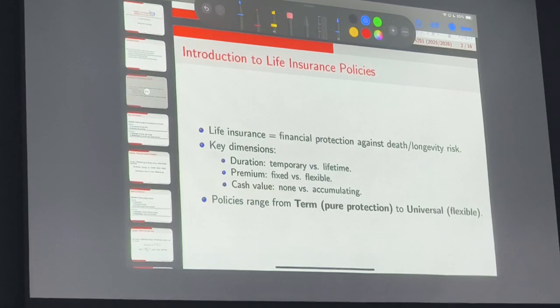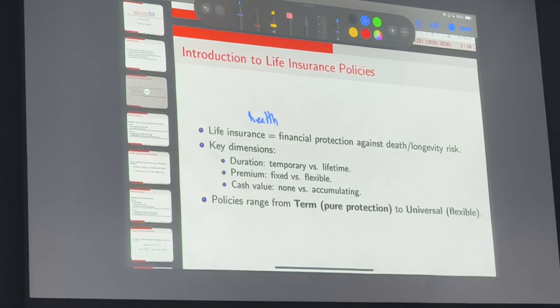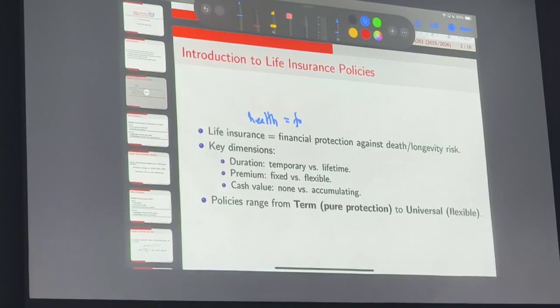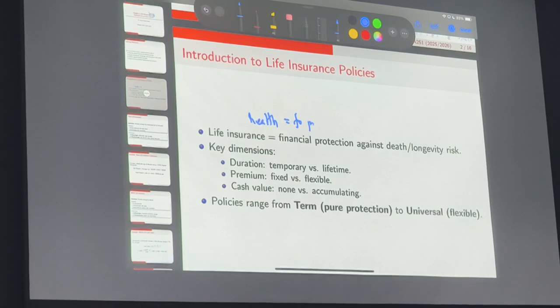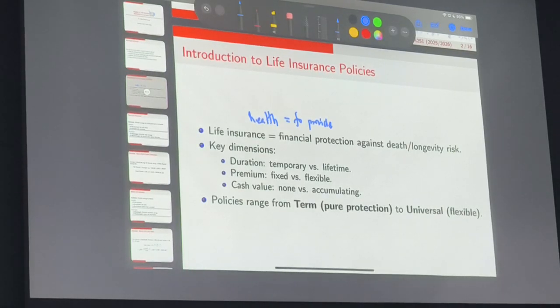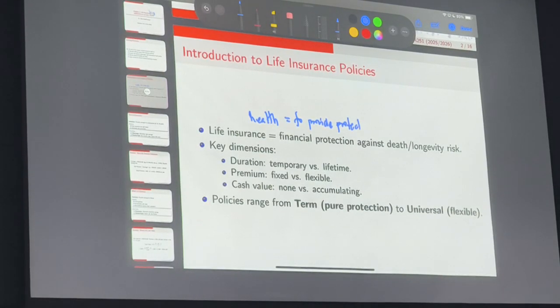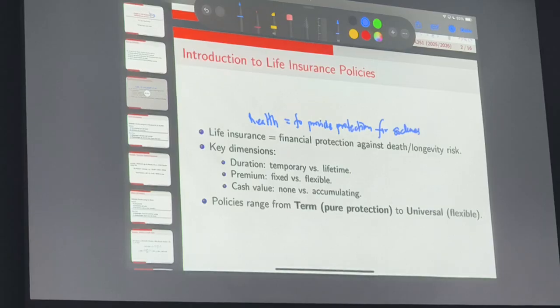How about health? Health adalah untuk to provide protection for sickness, for example, ya, ataupun hospitalization.